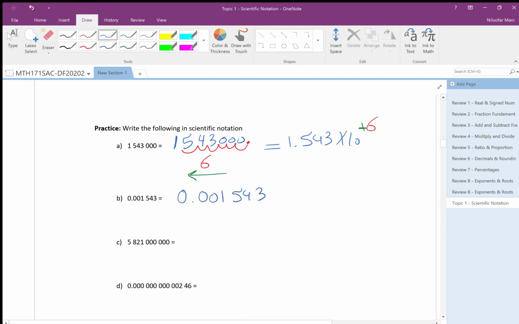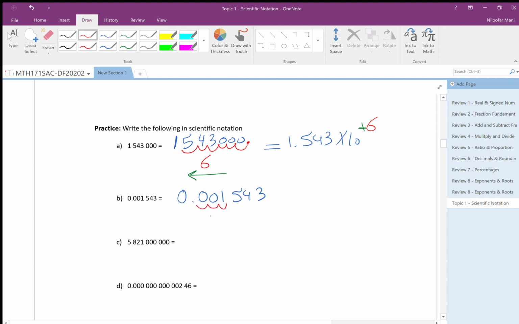How about next? 0.001543. Do I have a decimal? Yes, I do. So what should I do now? My number should be 1 point something to 9 point something. So I do the move. I move 1, 2, 3.